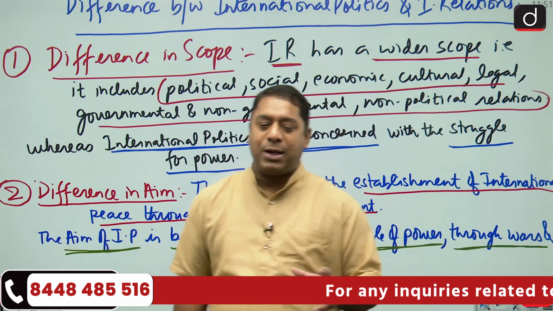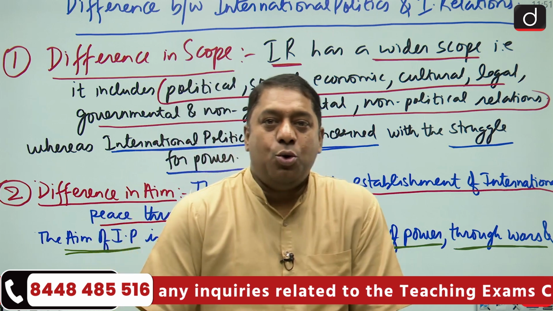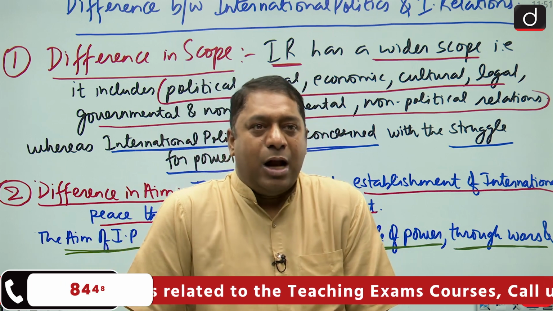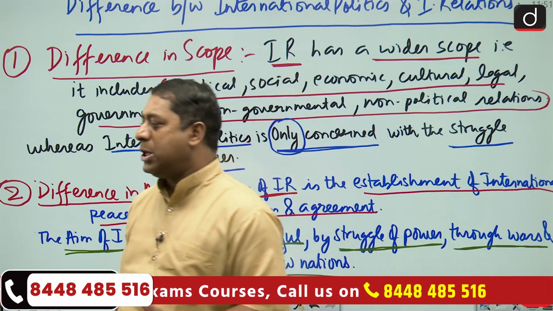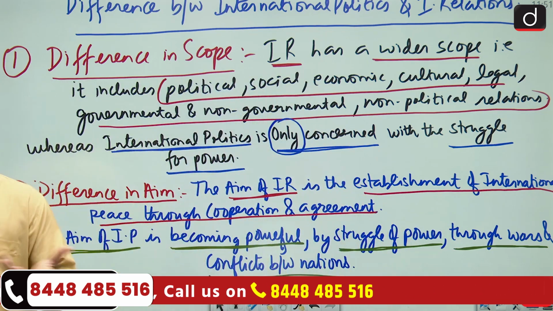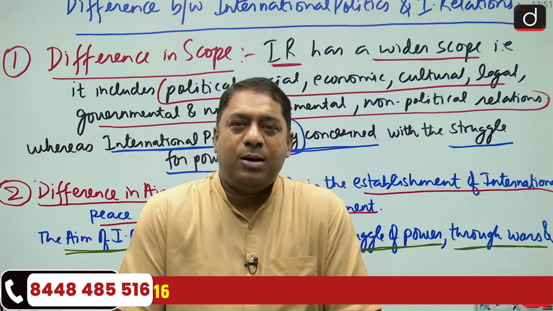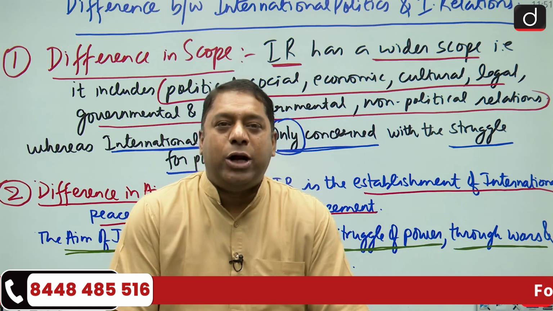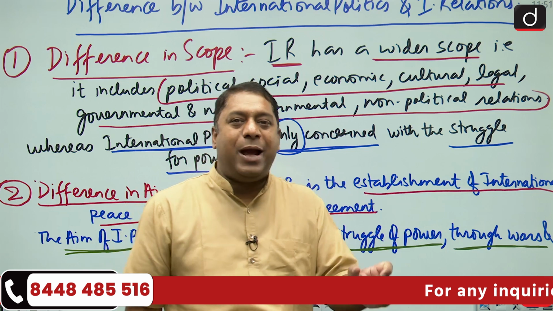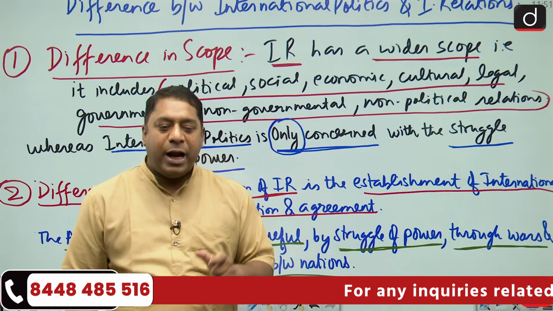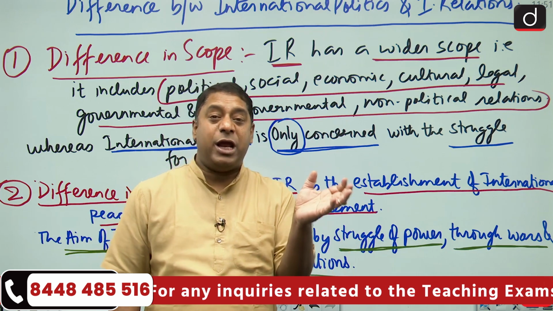And the last one comes with regard to the usage. Now, international relations, its usage is, you can say, international, everyone uses it. But when I say international politics, it was used by the European nations. क्यों बोलूं?